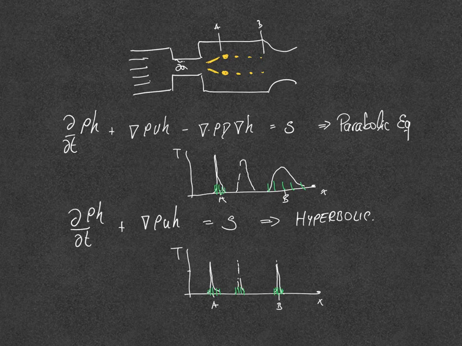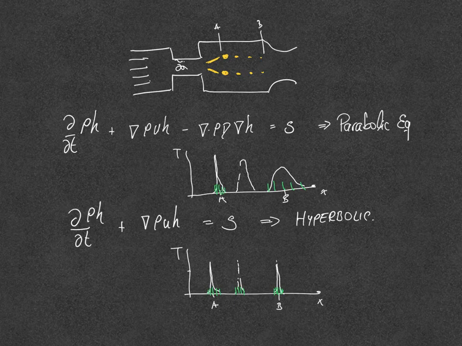If you consider a parabolic equation, these discontinuous solutions will not show up because of the smoothness properties of the diffusive term. Okay, so this is one part of the difference between a parabolic and a hyperbolic case for our transport equation.